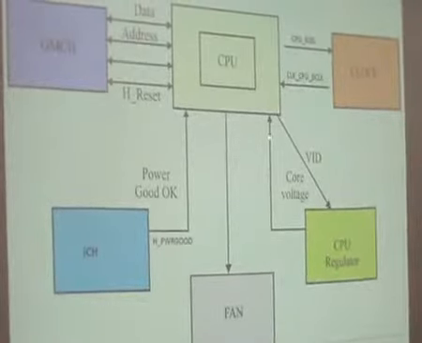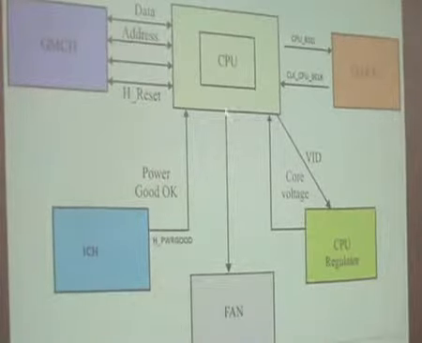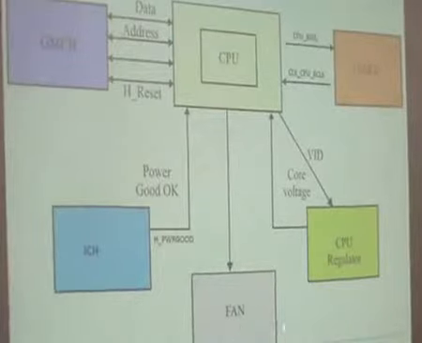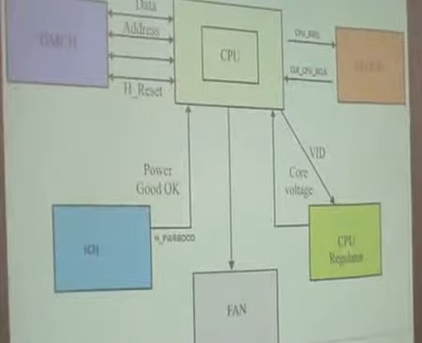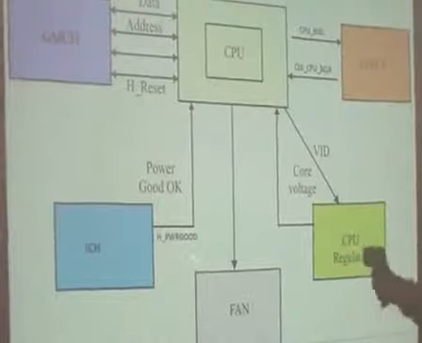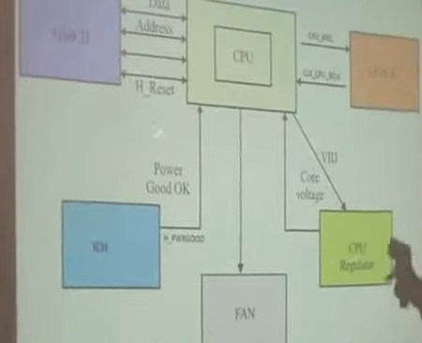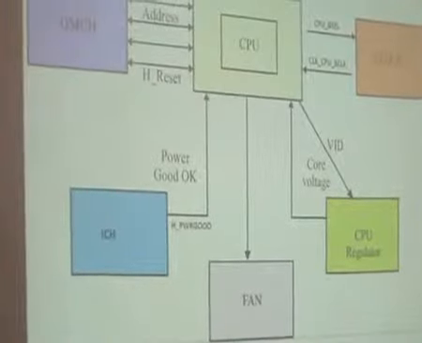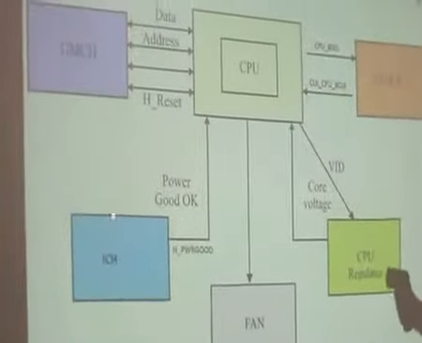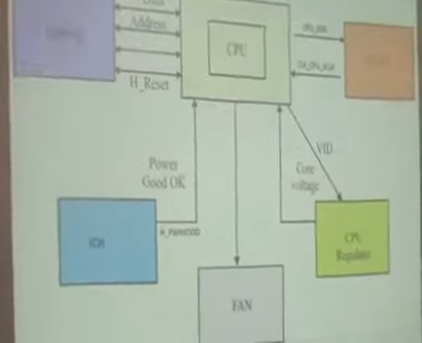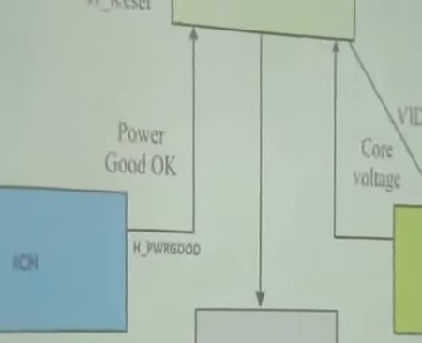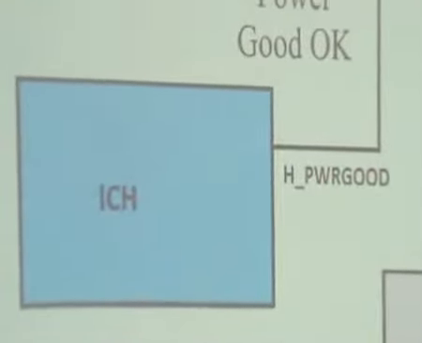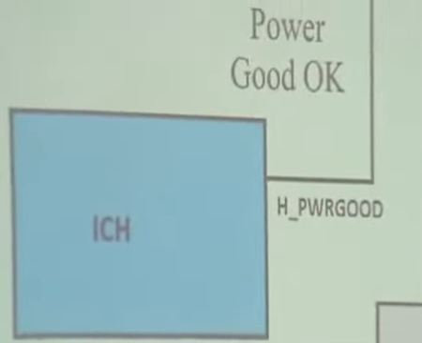It will get its core voltage and generate heat, and if sufficient heat is not generated, it will issue a signal thermal trip, and the ICH will issue a thermal trip. But the last step is the ICH issuing H power good. After issuing this H power good, your CPU will start working and generating important signals. So this is the last step.